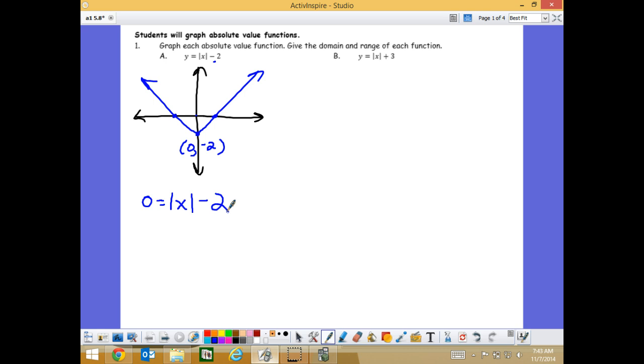And then we're going to solve this for x. We've done problems like this so far, but a quick review. The first thing you want to do with these problems is get the absolute value piece by itself by adding 2, so 2 is equal to the absolute value of x.